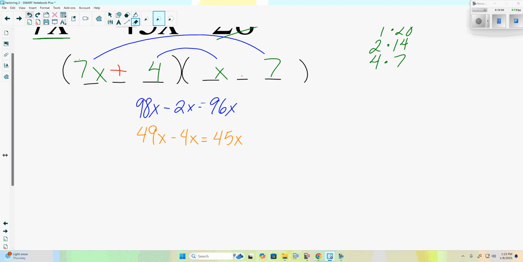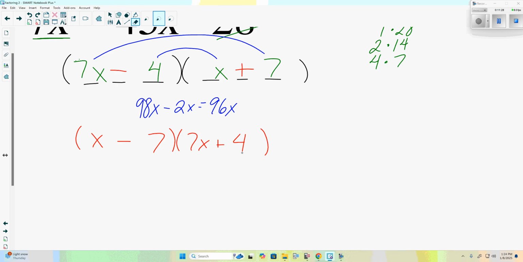Now, it is possible to get the correct answer from this here without switching the signs. But to do that, we would have to switch the x and 7x. We have to flip them and flip the 4 and 7. So if we want to leave the signs alone, we have to switch everything but the signs.